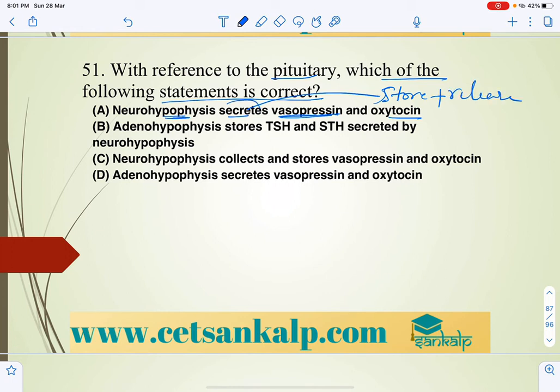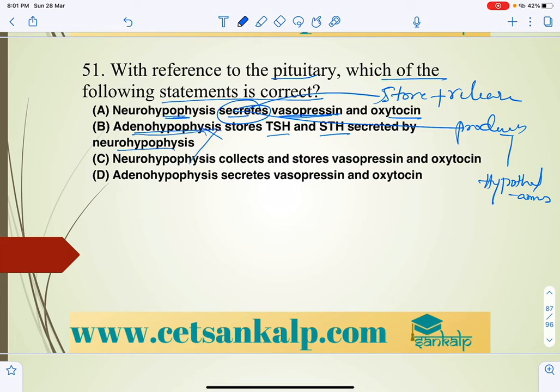You can think of secretion as production, but production doesn't happen there. Where does production happen? That is in the hypothalamus. Adenohypophysis stores TSH and STH, secreted by neurohypophysis, so wrong. Neurohypophysis collects from the hypothalamus and stores, yes. So C is the correct one.